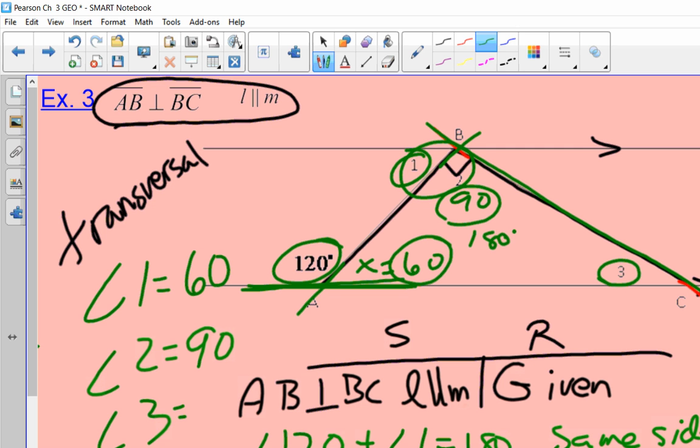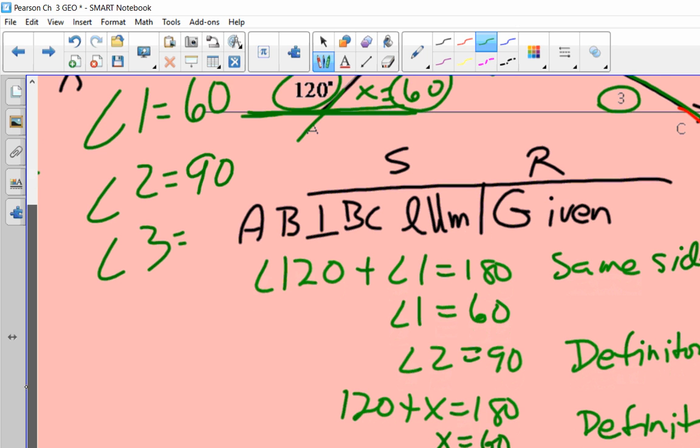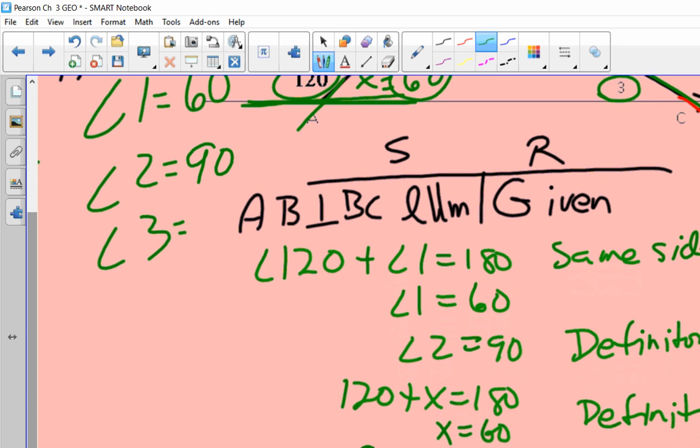Well, I can go 90 plus 60 plus angle 3 equals 180. 90 and 60 is 150. I'm going to subtract it from both sides, so that gives me 30 degrees for angle 3, and that's going to be the definition of a triangle. Okay, so angle 3 equals 30.